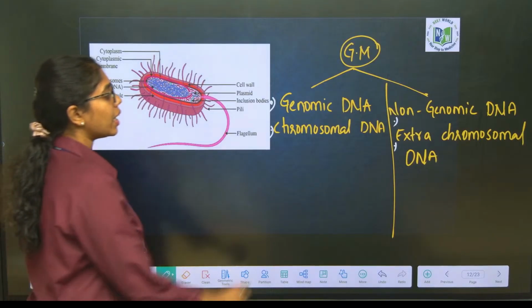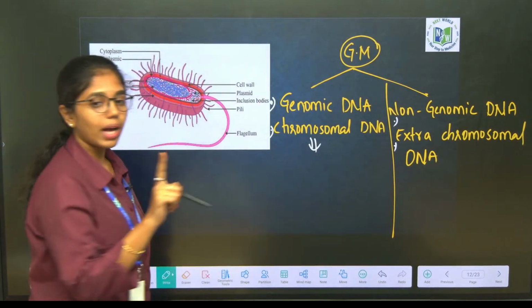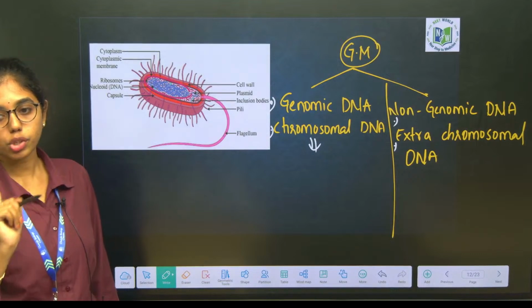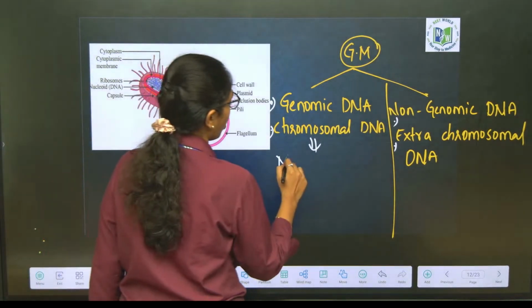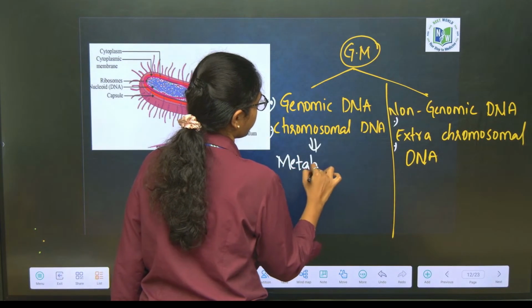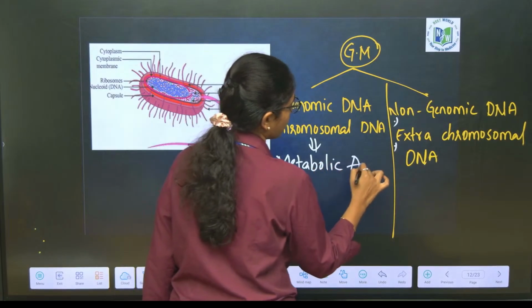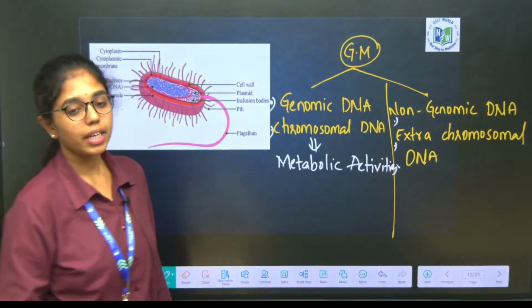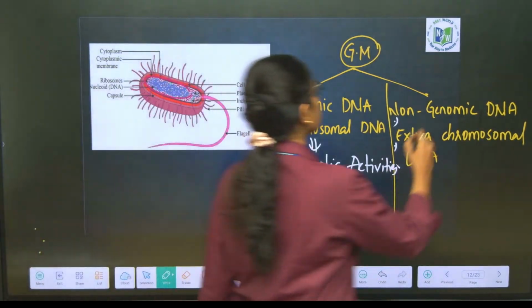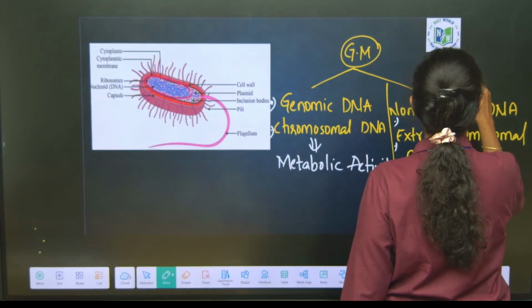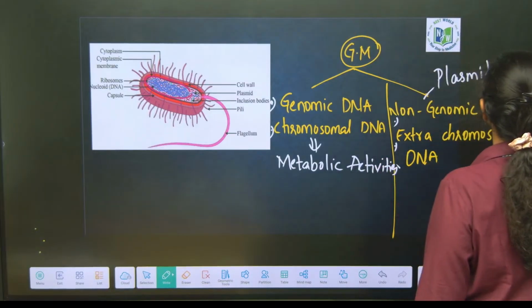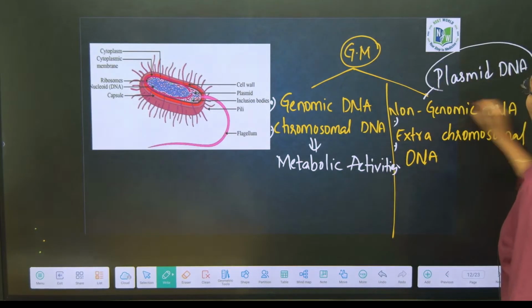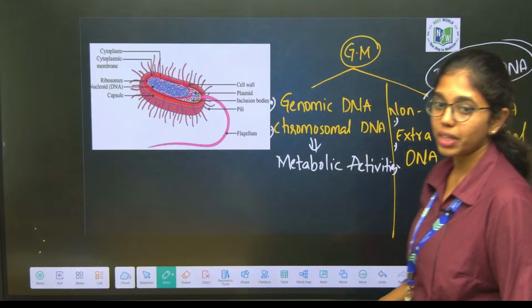So what is the function of genomic DNA? It looks after all the metabolic activities of the cell. Non-genomic DNA, or extrachromosomal DNA, is your plasmid DNA. What are the major functions of the plasmid DNA?